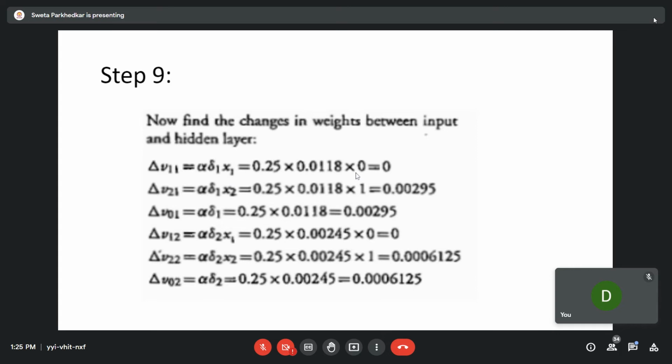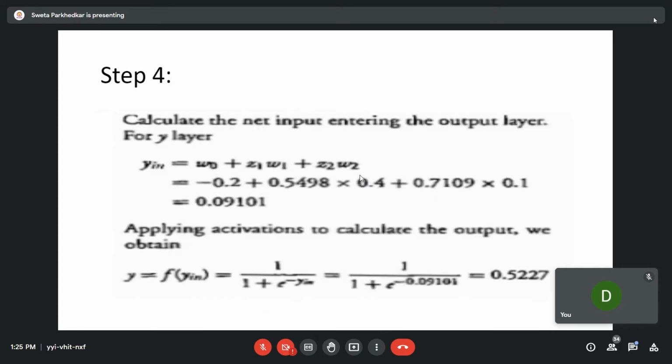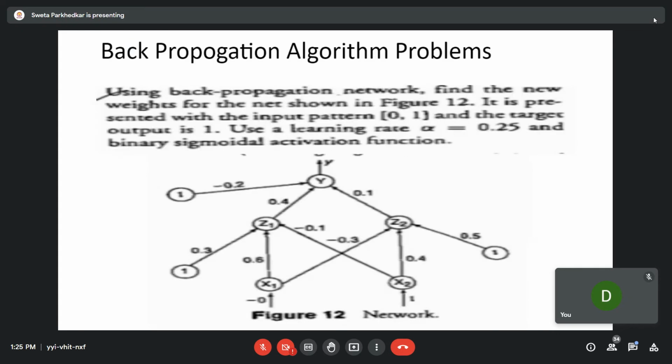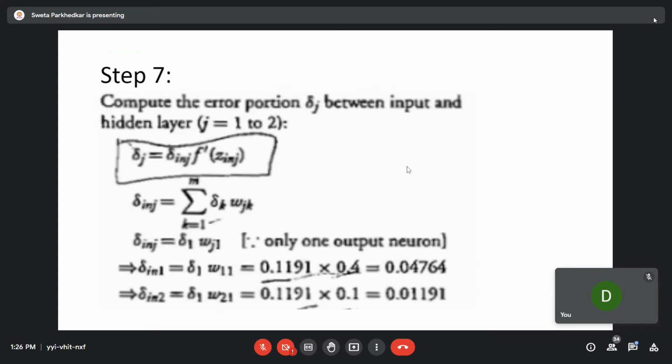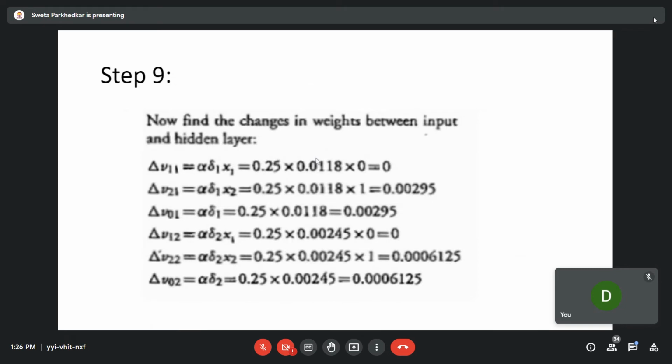And x1 is equal to 0, right? X1 and x2 are already given in your question: 0 and 1. X2 is 1 and x1 is equal to 0. So we just have to do all of this here.